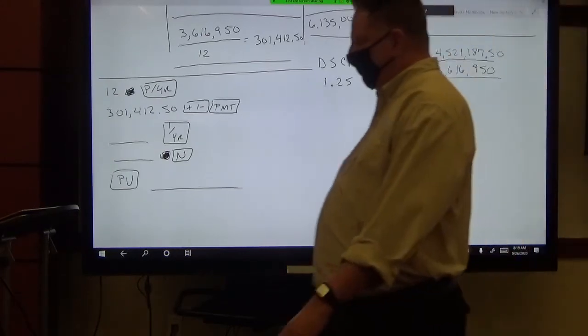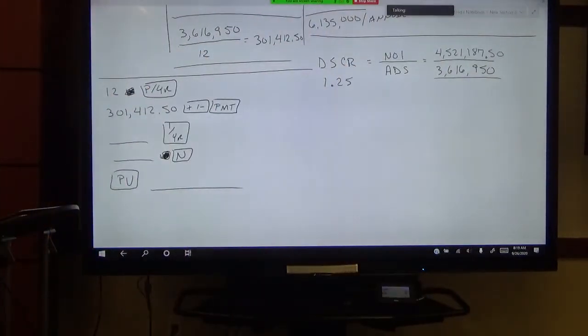So let's say you finally get around to talking about an interest rate, they give you a 5% interest rate. And let's say a 20-year term. All right, so if that's the case, let's see what we end up with in terms of a loan amount.